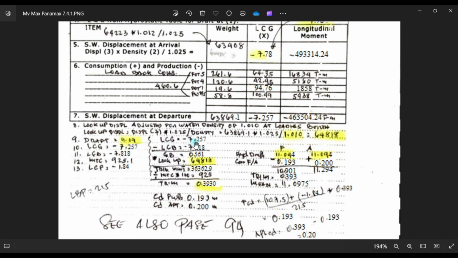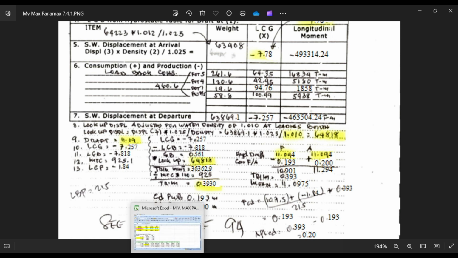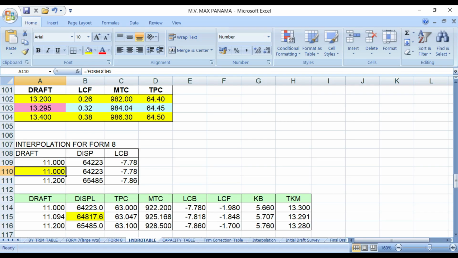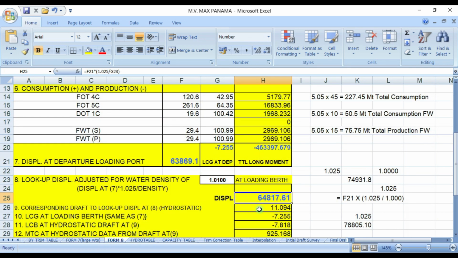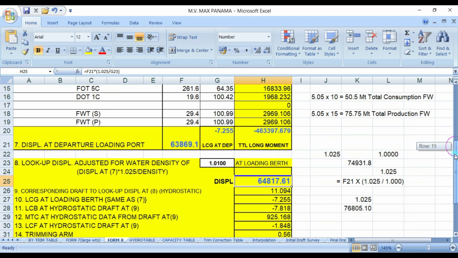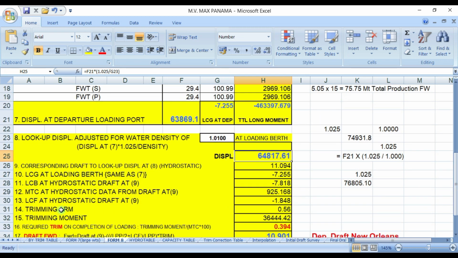So LCG minus LCB, the value will be 0.5561. That is what we call the trimming arm. Okay, 0.56 trimming arm.